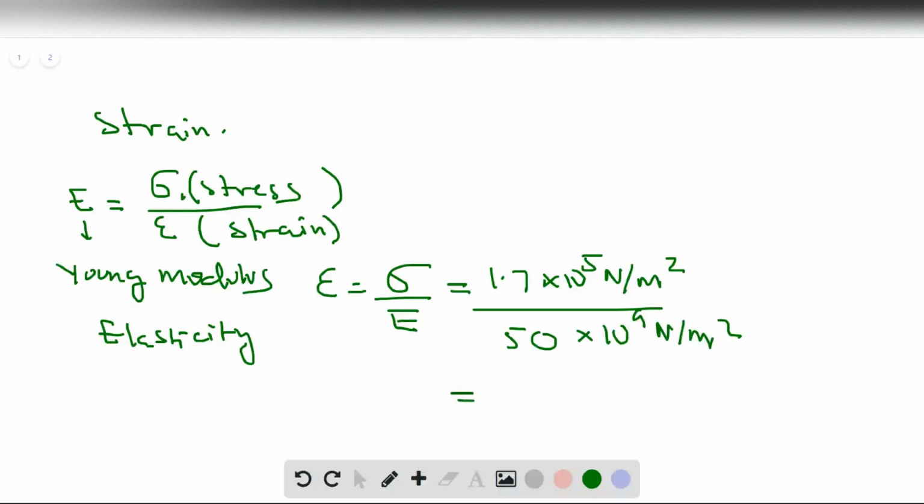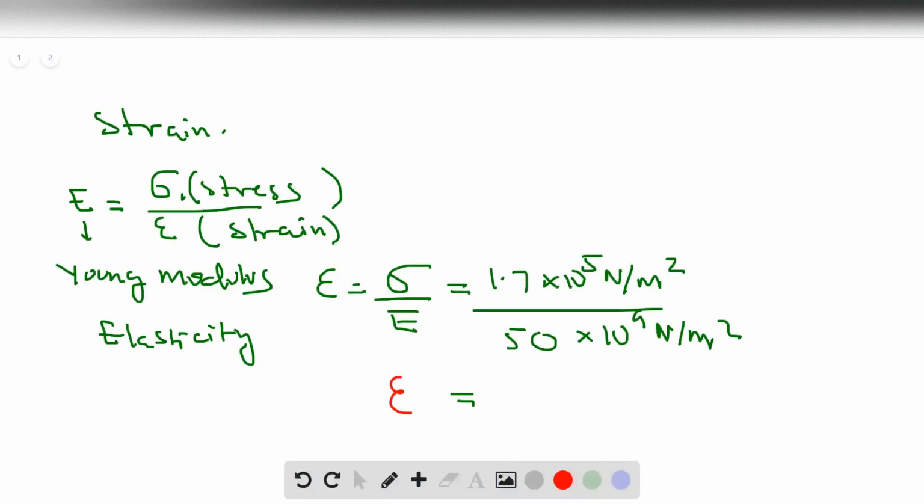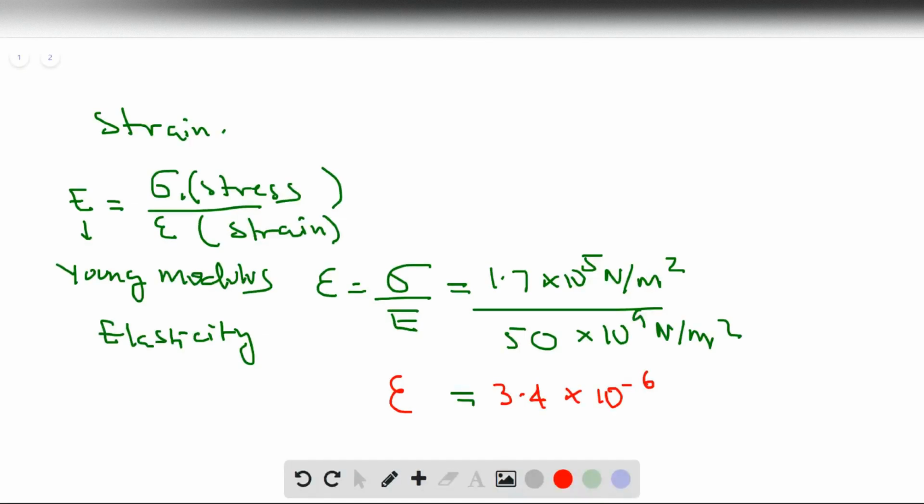When we divide those two numbers, we end up getting epsilon, the strain, being equivalent to 3.4 times 10 to the -6. And we don't have units for the strain because it's just a relationship between the stress and Young's modulus.